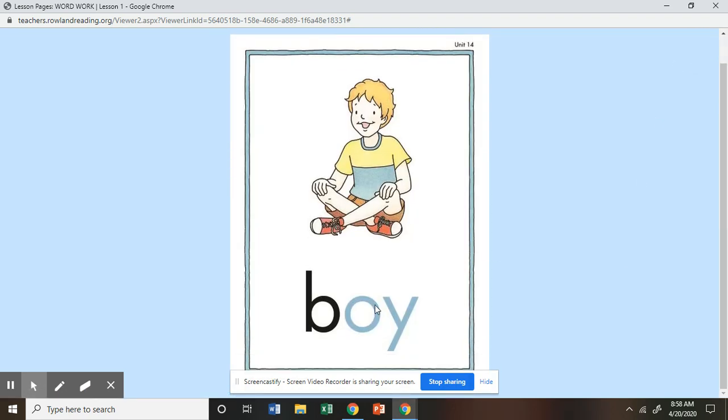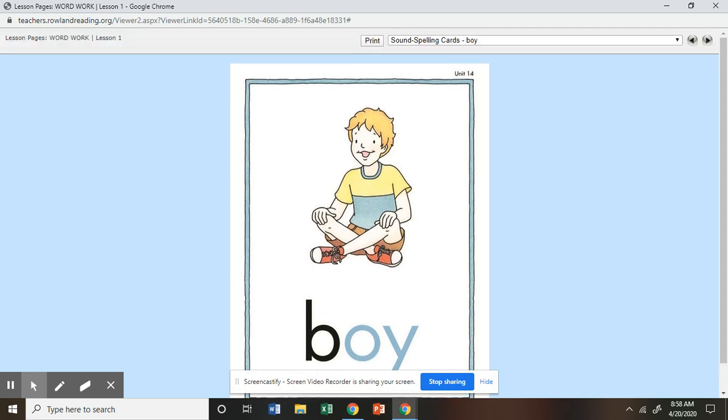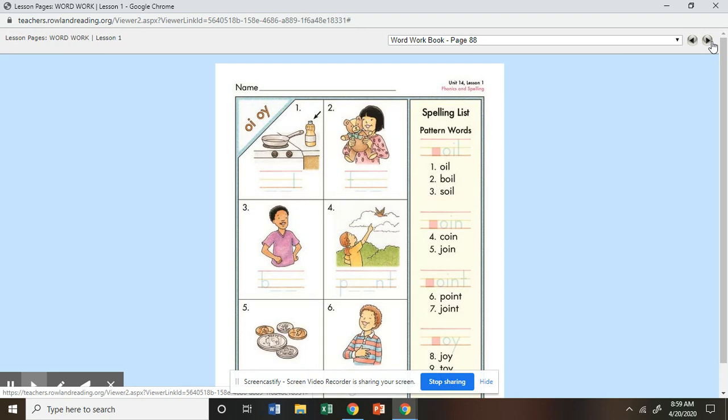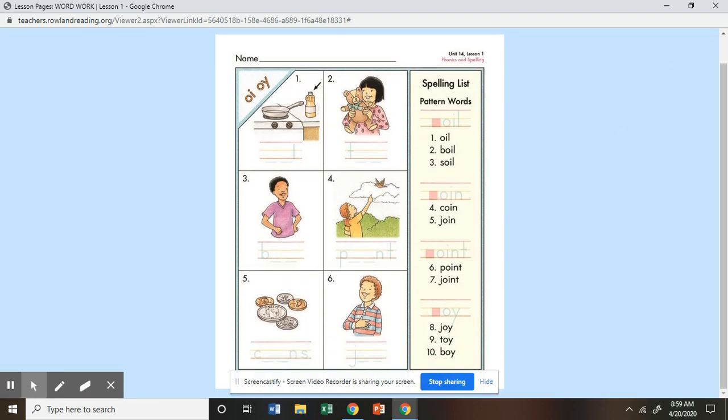OY also says oi, like the word boy, but where is OY in the word? Good, it's at the end of the word. OY goes at the end of the word. So even though they make the same sounds, OI goes in the middle and OY goes at the end.